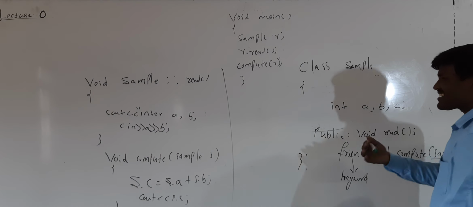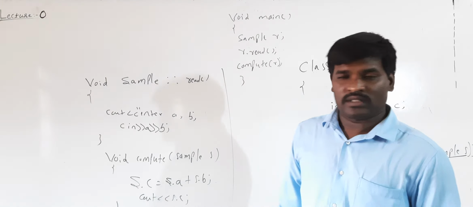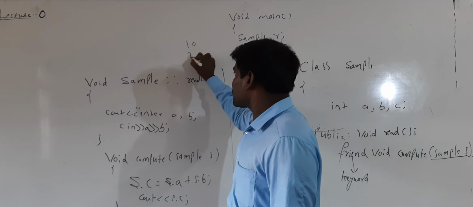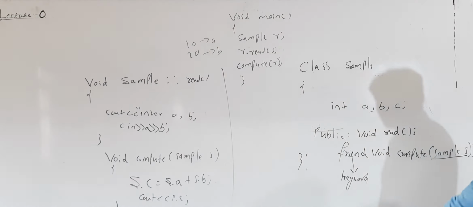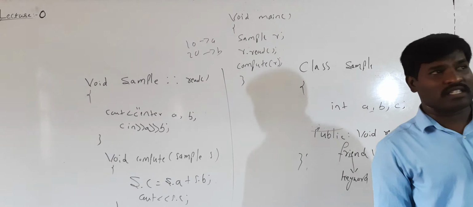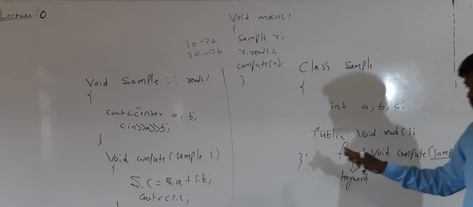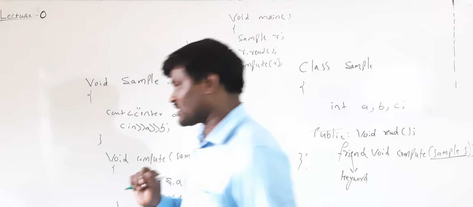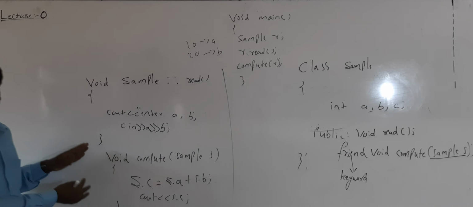While reading, you already know how to read the values. I enter the a and b values, for example 10 and 20: 10 is stored in a and 20 is stored in b. See here, this is important. At the time of declaring the friend function, we compulsorily use the friend keyword. This is the declaration of the friend function, and this is the definition of the friend function.